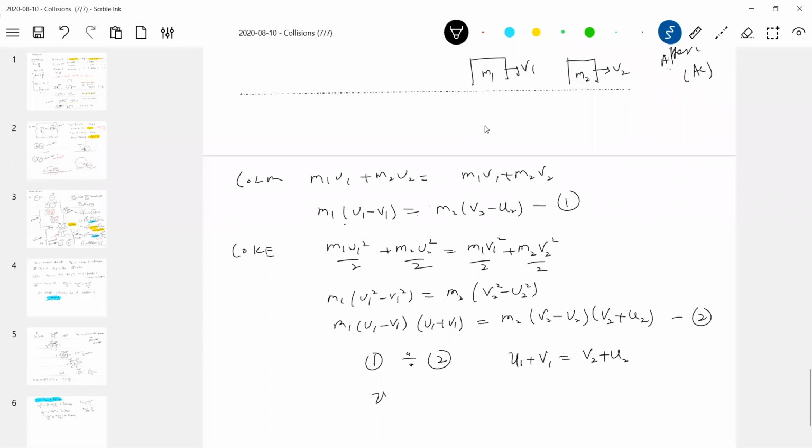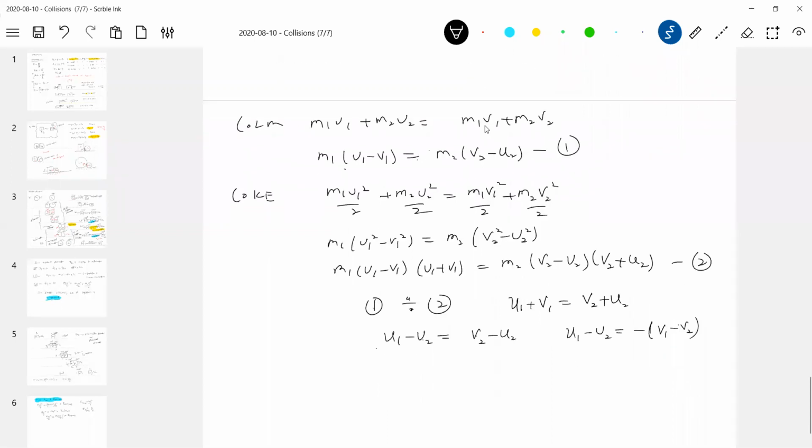Or this I'll rearrange: U1 minus U2 is equal to V2 minus V1, or this will be further minus of, okay, the ratio of this you check it now. So minus of V1 minus V2 over U1 minus U2, I'm getting equal to 1.